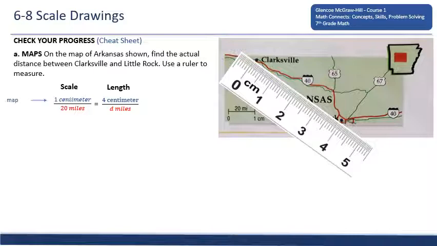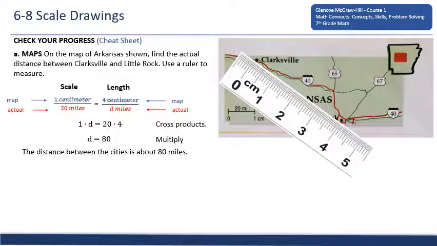So on the map, 1 centimeter equals 20 miles, and our measurement is 4 centimeters, and it equals how many miles? Or in this case, we're going to use D. So we're going to use cross products, multiply 1 times D and 4 times 20, and that will give us D equals 80. The distance between the cities is about 80 miles.